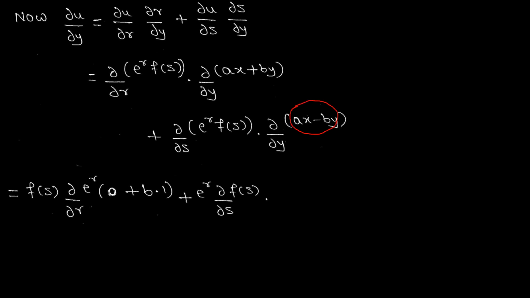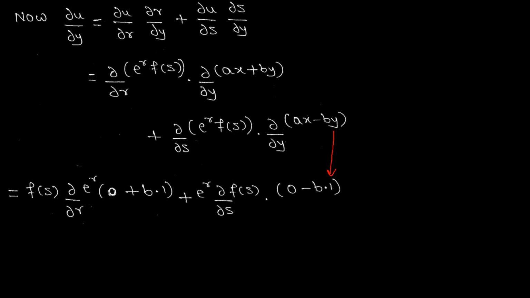The differentiation of ax minus by with respect to y partially gives 0 because ax is constant, minus b into differentiation of y with respect to y is 1.